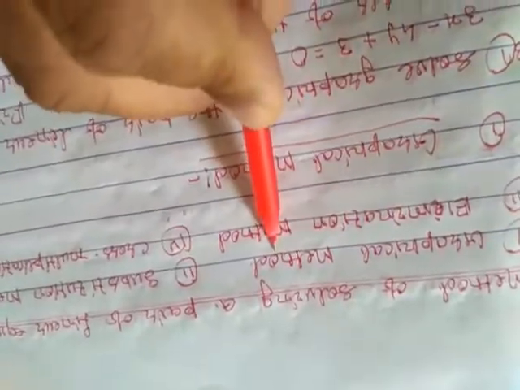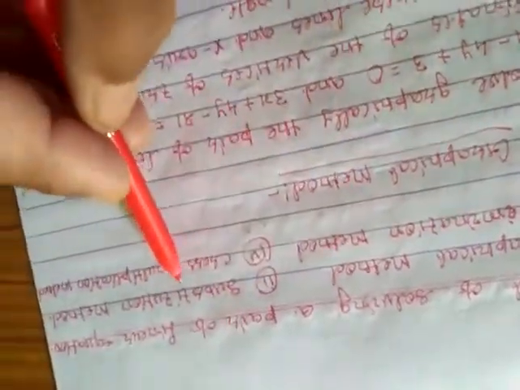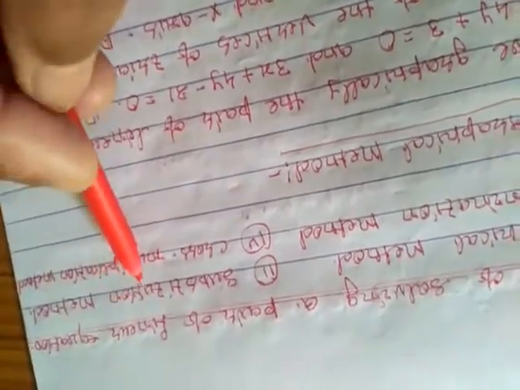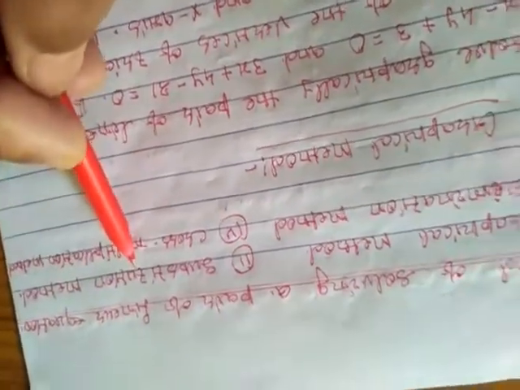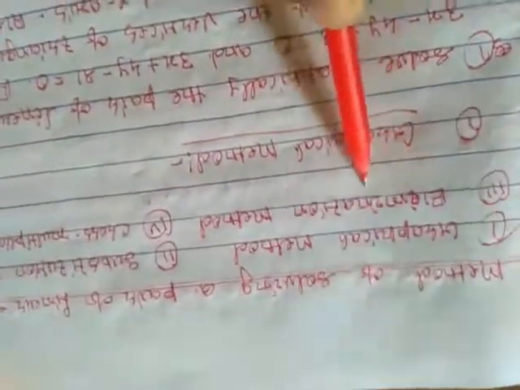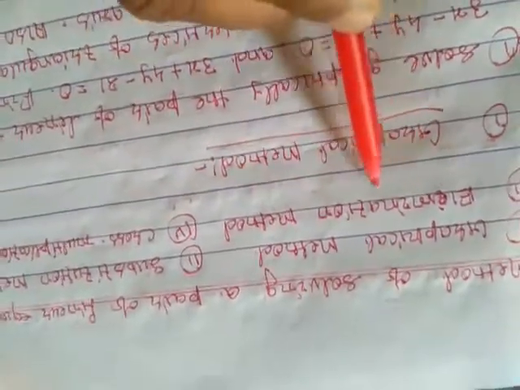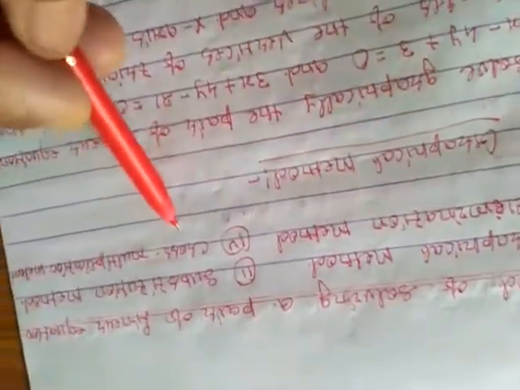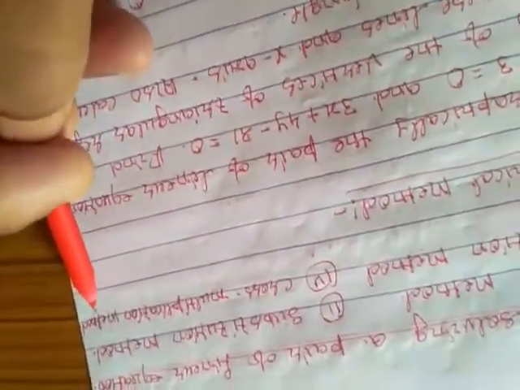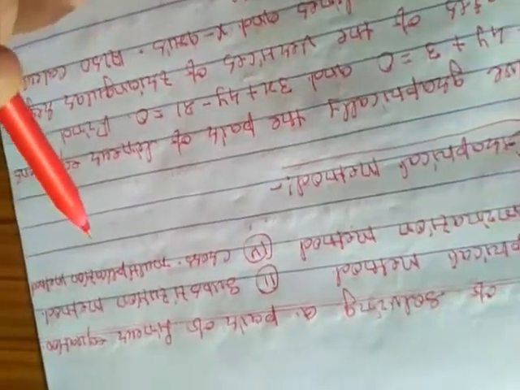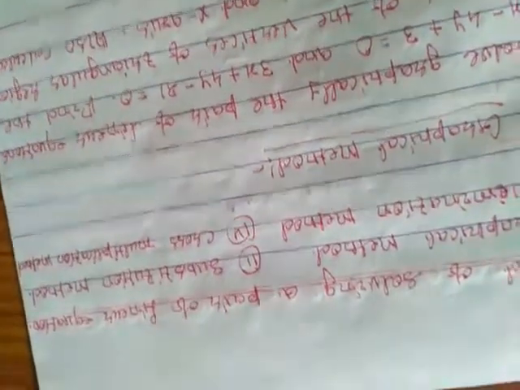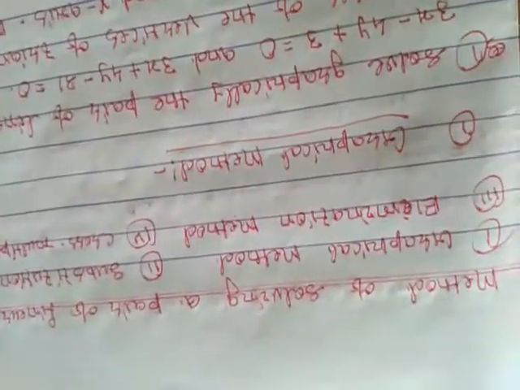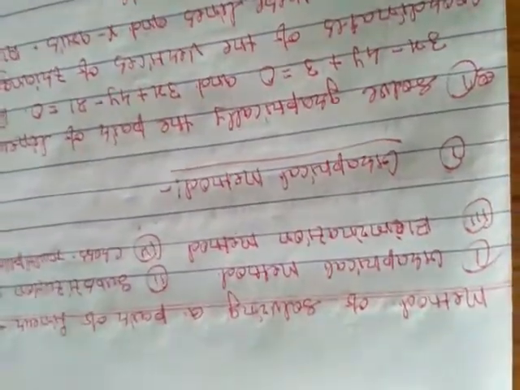Second is the substitution method, by substituting the value of one variable in terms of another variable. Third is the elimination method, where we eliminate one variable. And fourth is the cross multiplication method. There is also one special method for a special type of problem, which will be discussed in a later class.